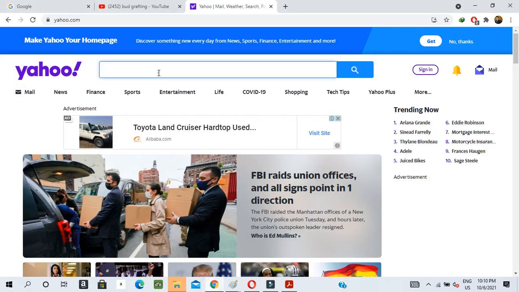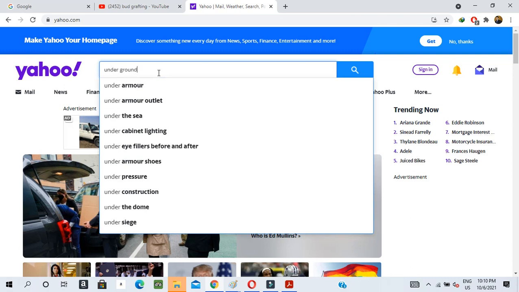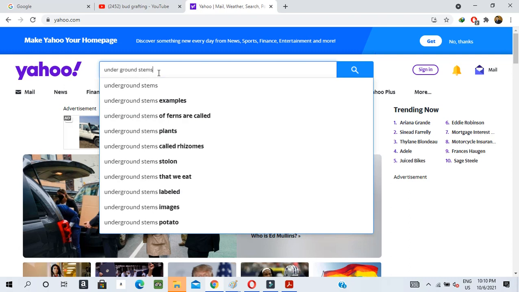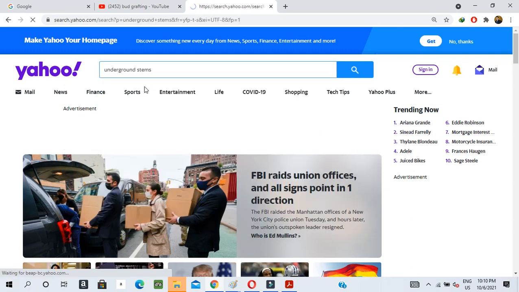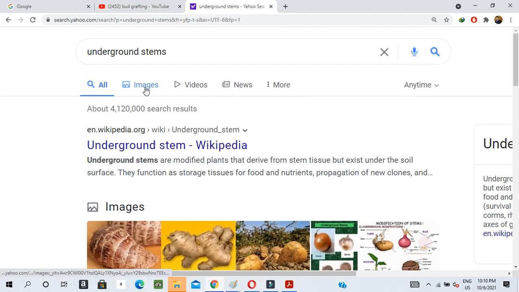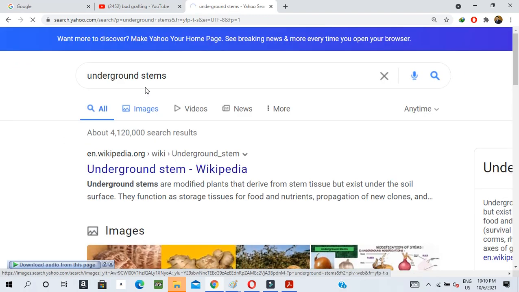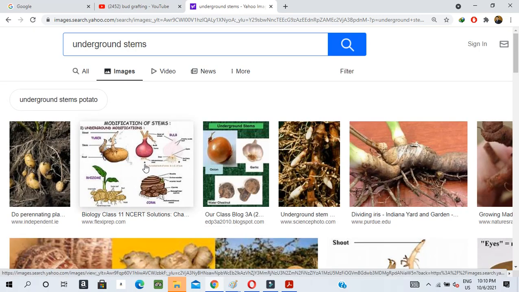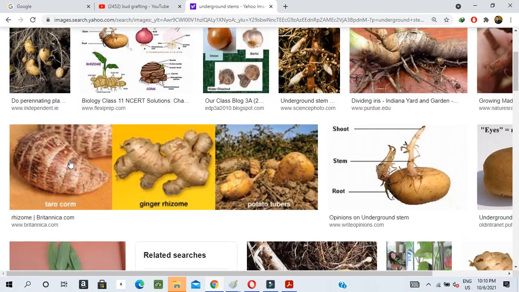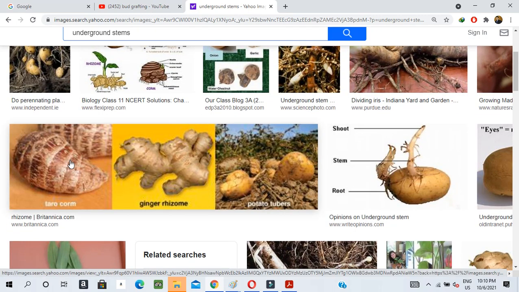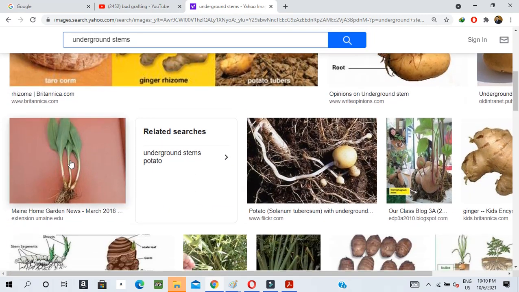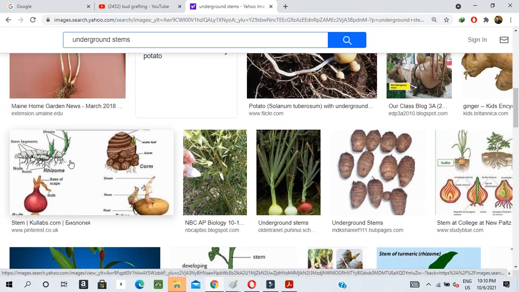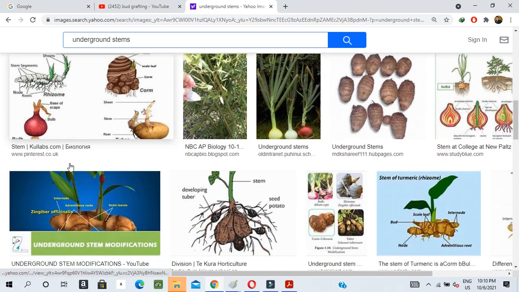If you look for underground stems, you will see many examples: potato, ginger, taro corm. Like this, there are onions. Many examples are there for underground stems.